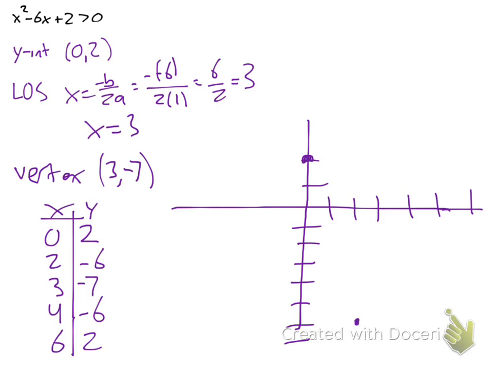Then I can go to (3, -7), and then go up to (4, -6), and at 6 I'll get 2 again. So there are my dots. I have to connect them, but remember, like we said, it's going to be a dotted curve.